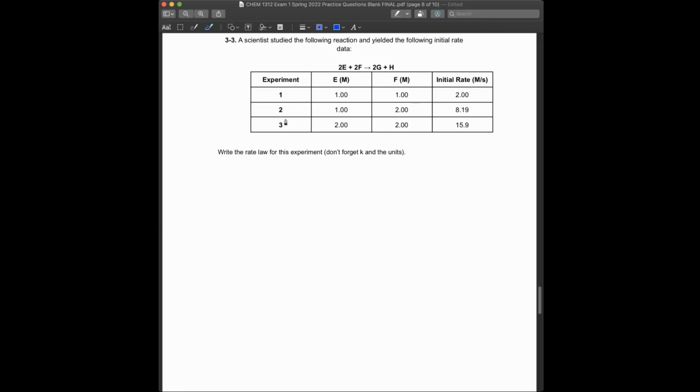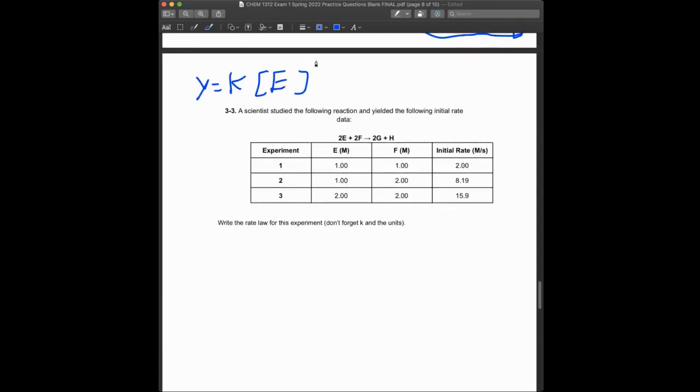So let's go ahead and just write the formula, right? Rate is equal to K, and then we have two concentrations. Now remember, we don't write the 2 up here as the exponent, because that's a big no-no. What we have to do is the canceling out the units way that we talked about in the lecture.